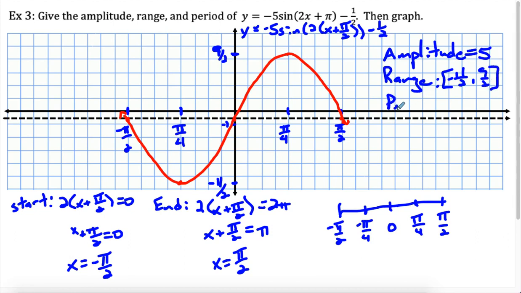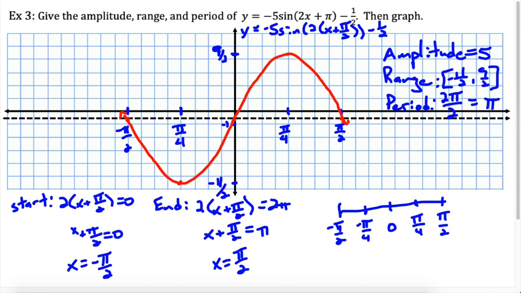And finally, the period is 2 pi divided by the b value. And the b value in this case was 2. So my period is just pi. And we can see the distance from -pi/2 to pi/2 would be pi.